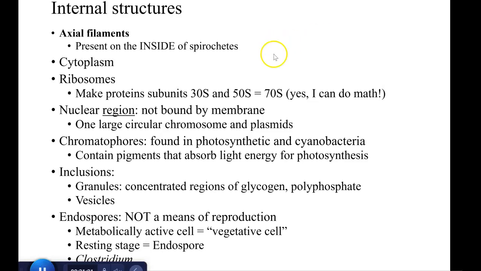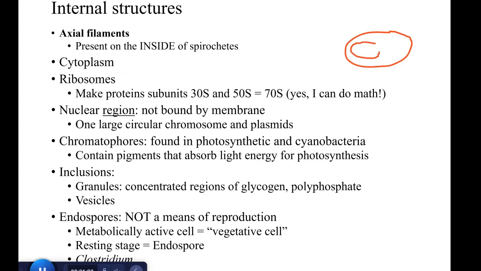Sometimes they could actually have a plasmid. So if I draw out a picture of a bacteria right here, very simple cells, here would be their circular chromosome, and some of them might have another circular piece of chromosome, which would be a plasmid. And a plasmid is extra DNA.